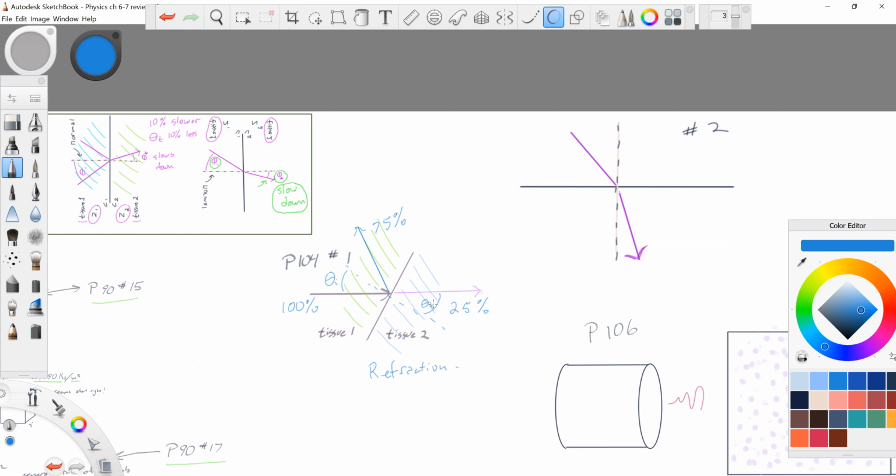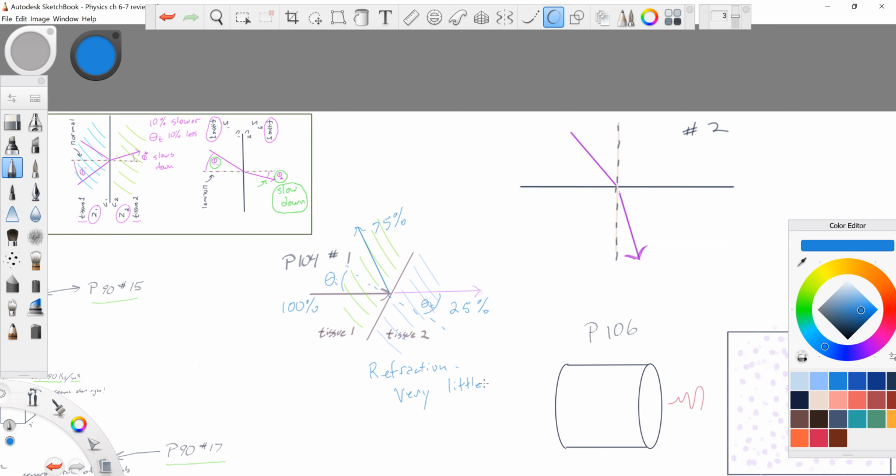And I drew them almost perfectly the same. So refraction is very, very little, if at all. So I totally screwed that one up. Shoot, I think I wanted to use the same picture though, multiple times.